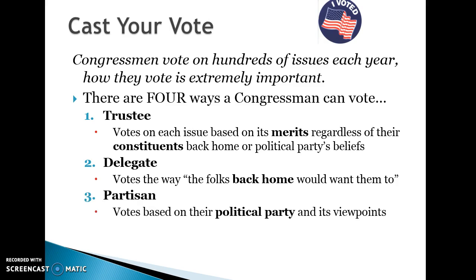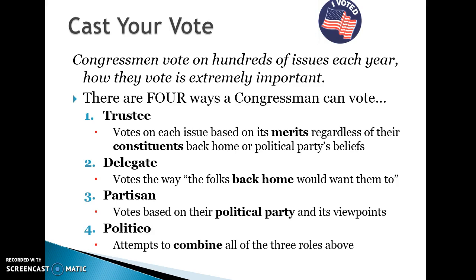That's a delegate. Partisan, if I vote along partisan lines, that means I vote with my political party. I always follow my political party and their viewpoints. If I'm Politico, then I combine all three of those.